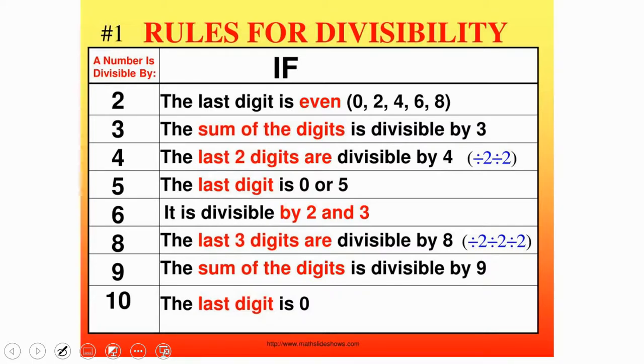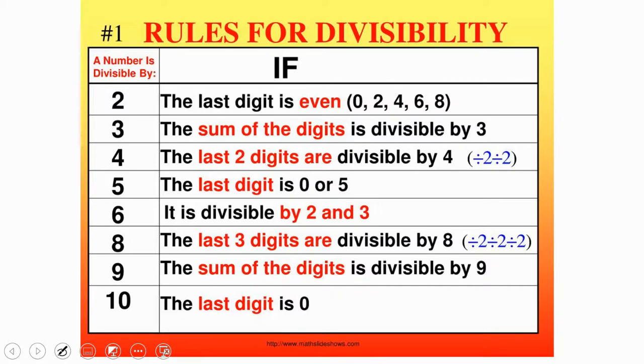2 is easy. Just if the last digit is even, meaning it's 0, 2, 4, 6, or 8, the whole number is divisible by 2. Number 3, sorry. Divisible just means, again, just to remind you, that you can divide it by 2, you can divide it by 3, you can divide it by 4, and you'll get a whole number answer, quotient. So if a number is divisible by 3, that means you can divide it by 3 as long as the sum of the digits is divisible by 3.